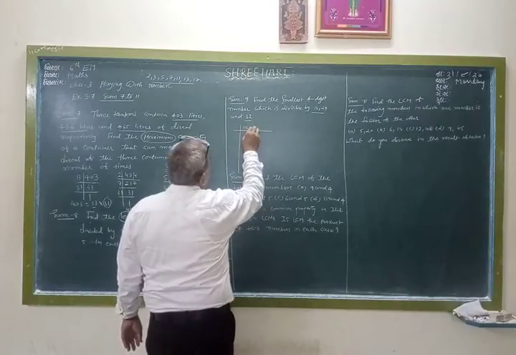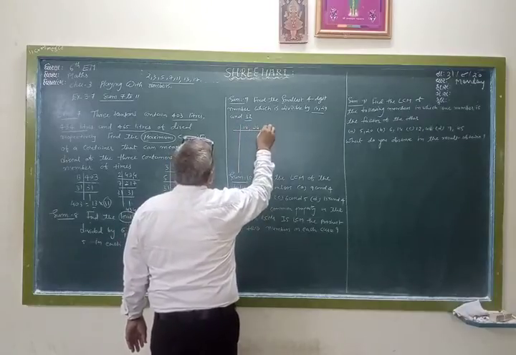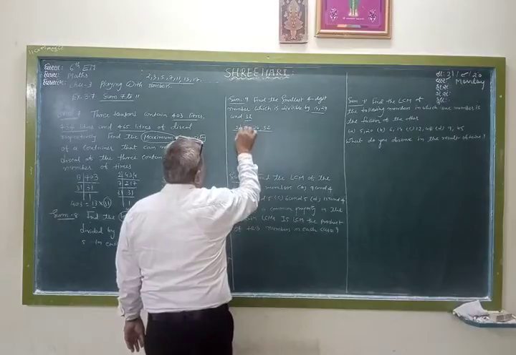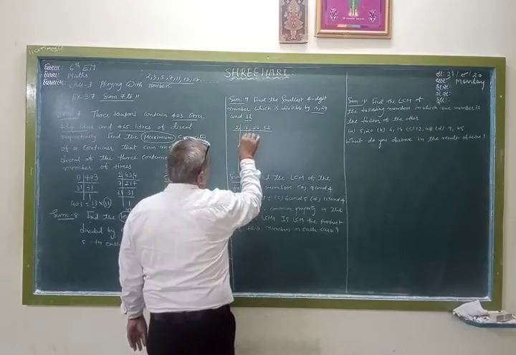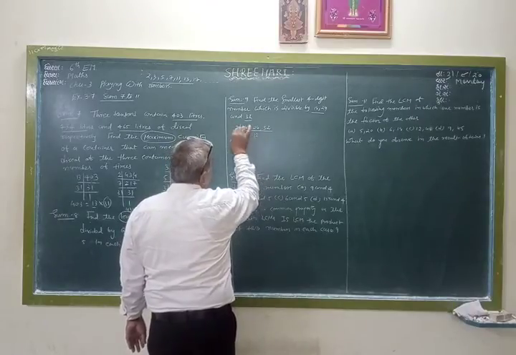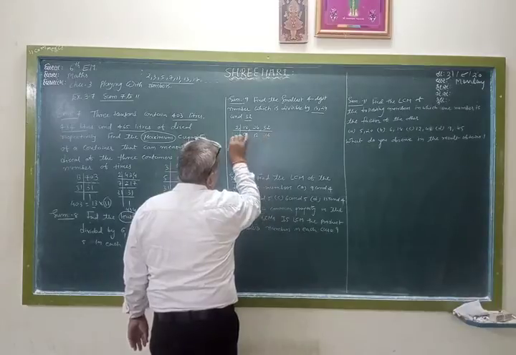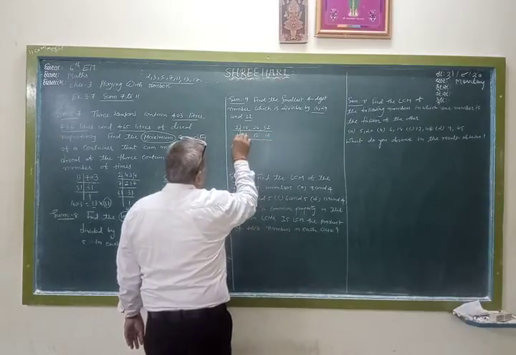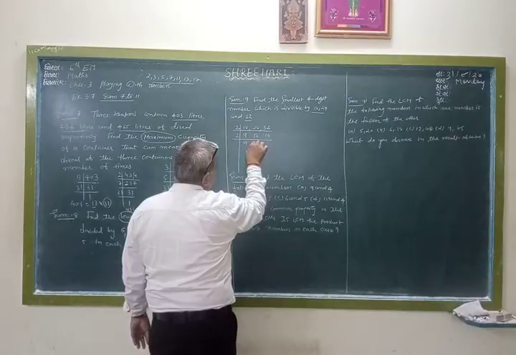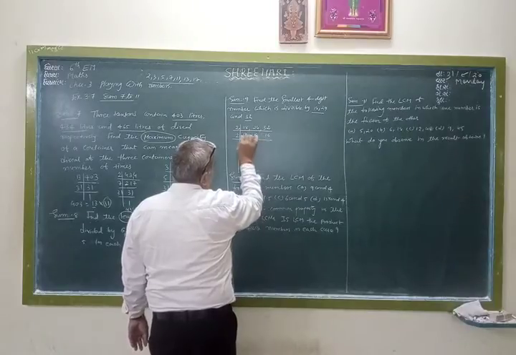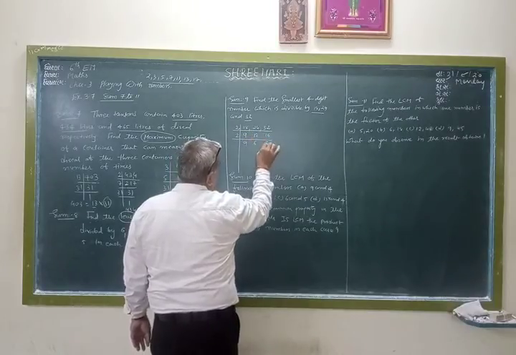18, 24 and 32. Start with 2: 9 times 2 is 18, 12 times 2 is 24, 16 times 2 is 32. Again 2: 9 as it is, 2 times 6 is 12, 2 times 8 is 16.